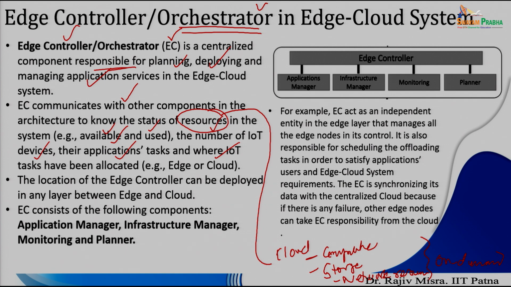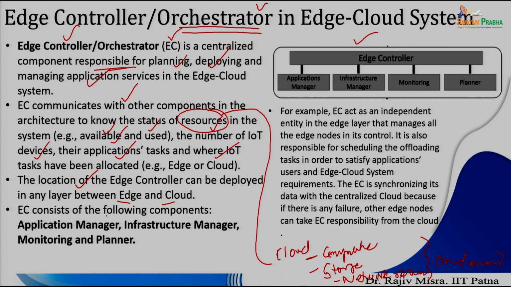Now, the edge controller can be deployed in any layer between the edge and the cloud. One such important way of placing the edge controller we have shown in the previous slide. So, this is the typical inside view of an edge layer, which is called an edge controller.